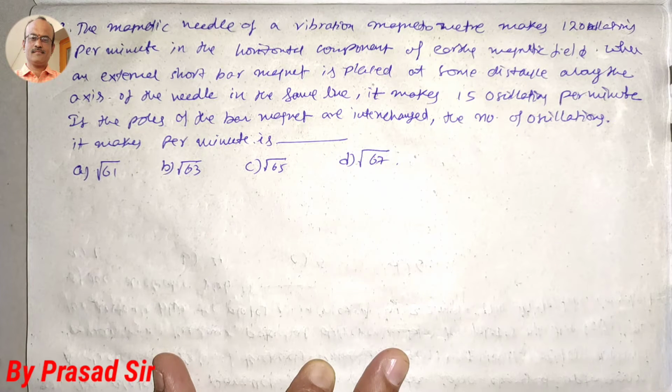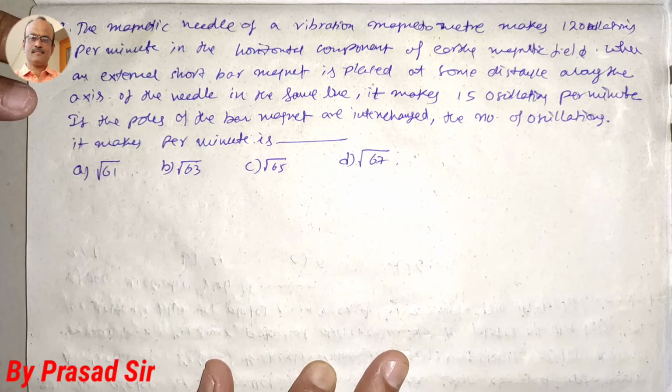Now the question number 28. The magnetic needle of a vibration magnetometer makes 12 oscillations per minute in the horizontal component of its magnetic field. When an external short bar magnet is placed at some distance away from the axis of the needle in the same line, it makes 15 oscillations per minute. If the poles of the bar magnet are interchanged, the number of oscillations it makes per minute is how much?